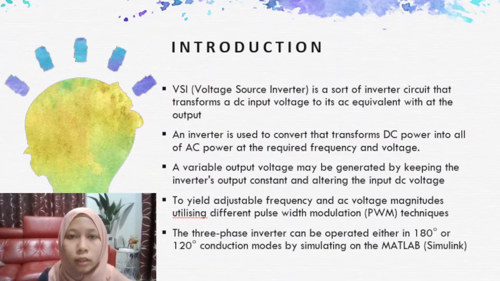For a three-phase inverter with 180 degree conduction mode, the switching is complementary and each phase is connected to either the positive or negative terminal, and phase currents are always continuous, the same as a three-phase inverter with 120 degree conduction mode.